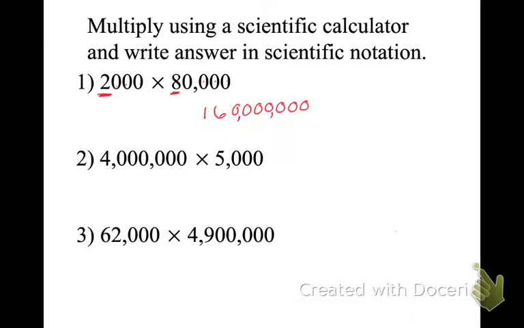So I can now make that 1.6 times 10 to the, 7 zeros, but 8 digits, right? Times 10 to the 8th.